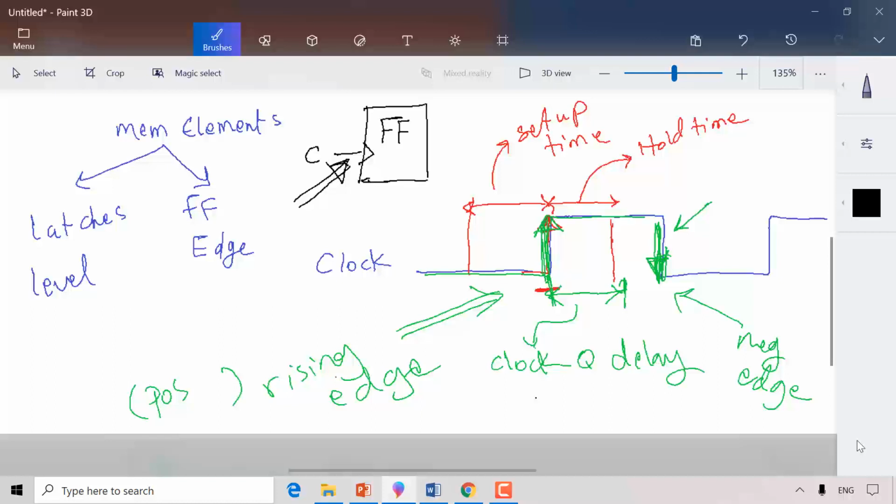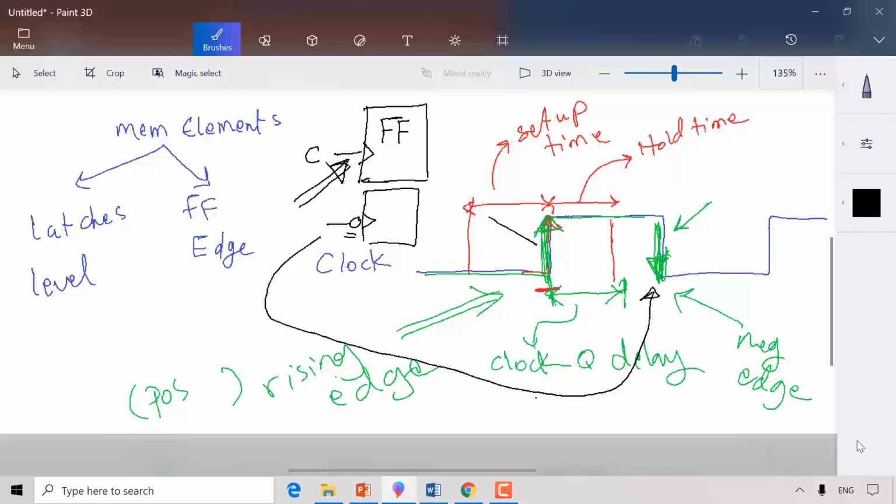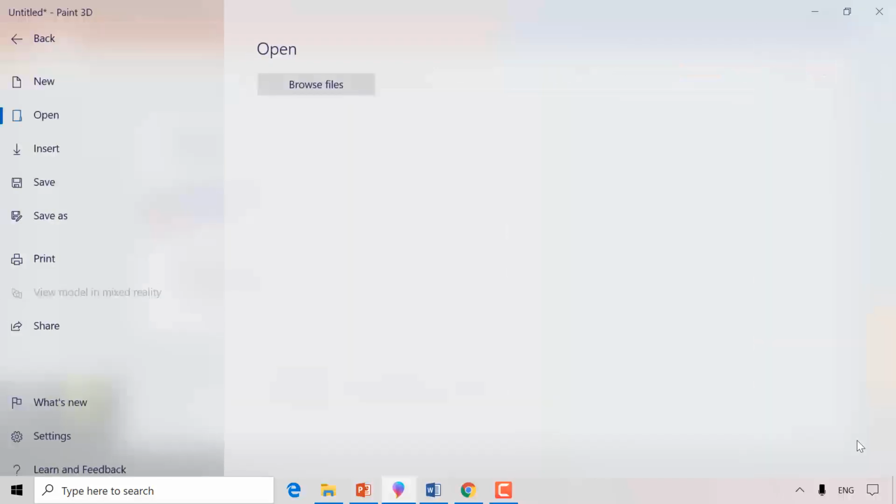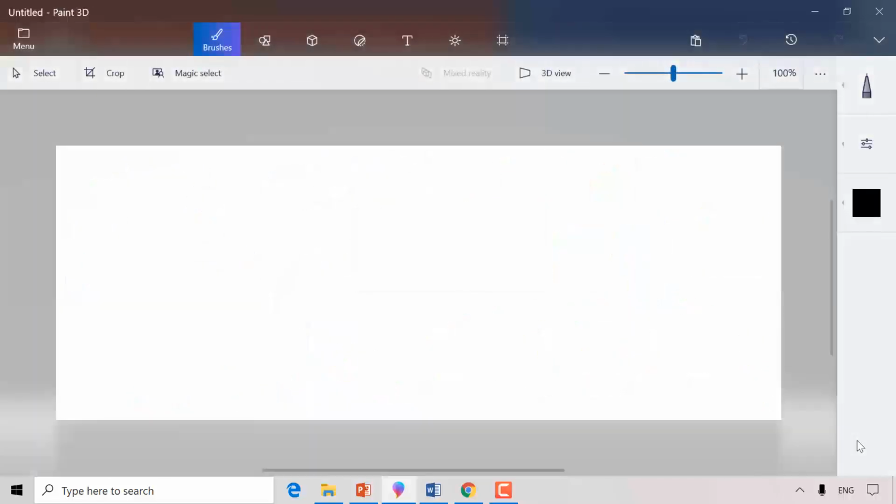If we have a bubble on this triangle, it means that this is a falling edge flip-flop, which means it is synchronized by this edge. If we don't have this bubble, it means that we are synchronizing this flip-flop by the rising edge of the clock. So this is just some definitions here.